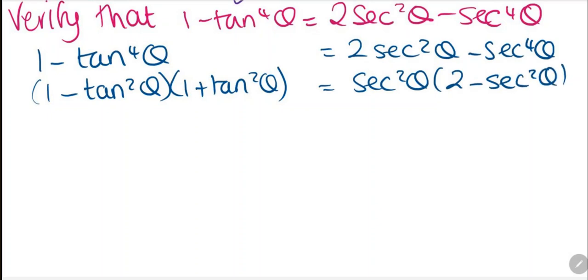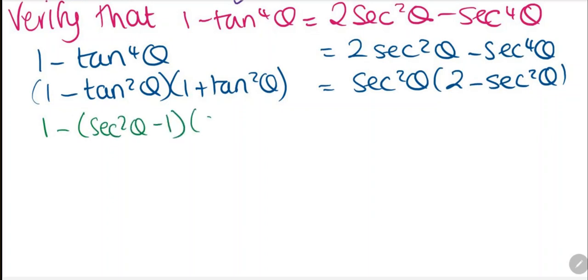So we need now to make the left-hand side equal the right-hand side. So always looking for Pythagorean identities first when you have squares. So we're going to change the one there. We're going to leave that there, and we're going to change the tan squared theta. This is equal to sec squared theta minus 1.